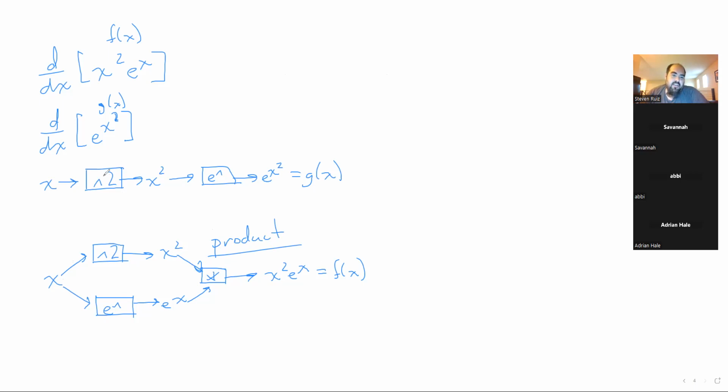And in this top diagram, I really only have one path. I am doing one step squaring and the other step exponential function, one right after the other. This one tells me that I am in a chain rule situation.